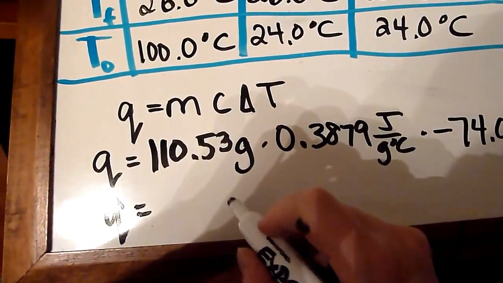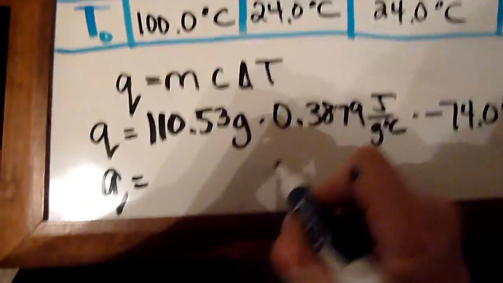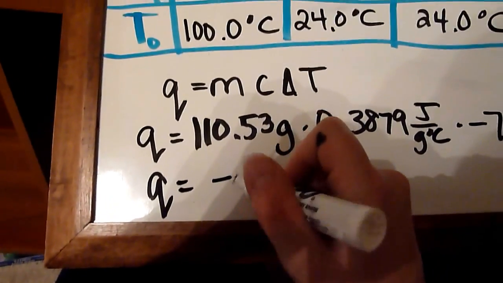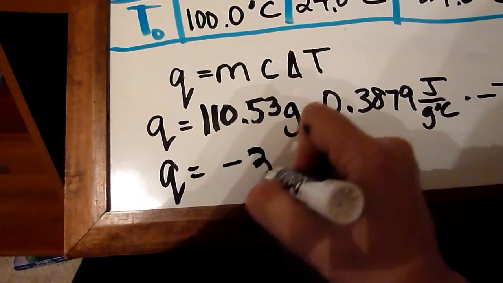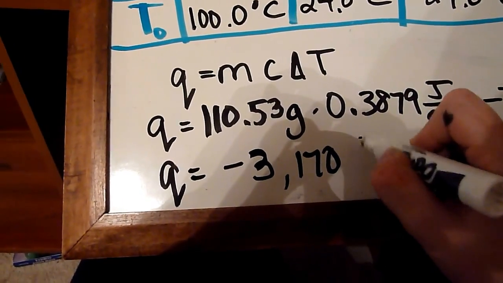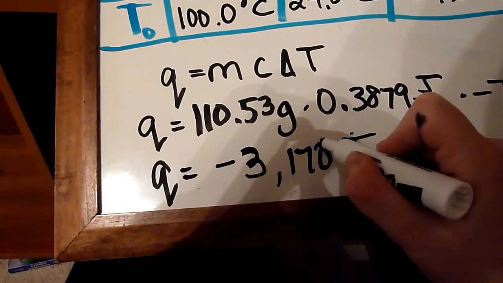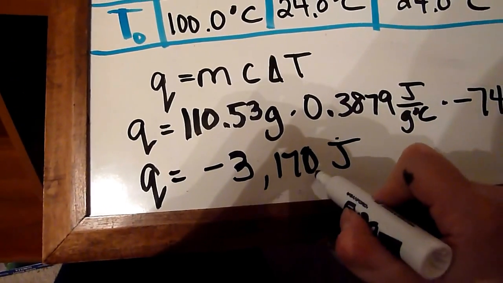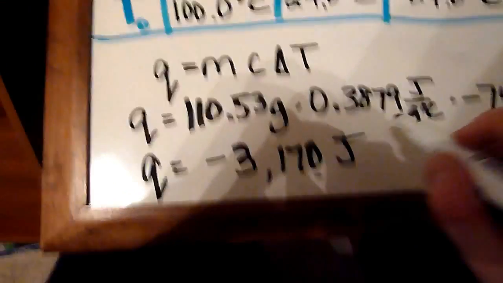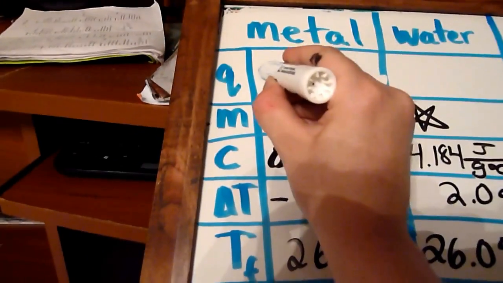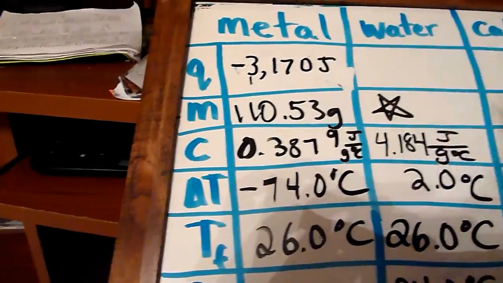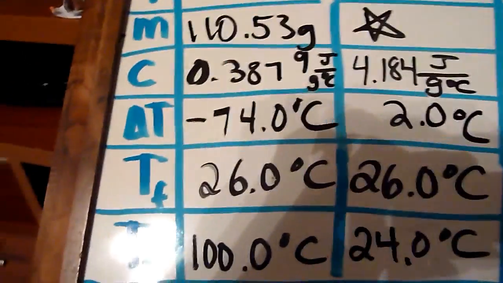So if we type that into a calculator, we would find that the heat lost by the metal would be negative, since it's losing heat, 3,170 joules, and that is 3 significant figures, because if you have a 0 here in the ones place, that would not be significant. So I can put here a negative 3,170 joules. That's the heat that the metal lost.